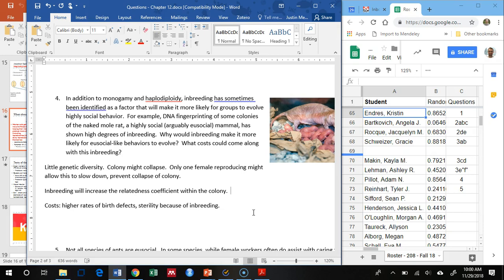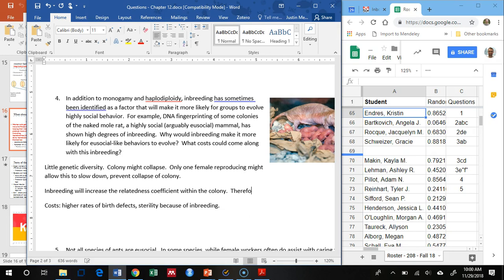By helping your sibling or helping to produce more siblings, either way, you are sending more and more of your own alleles into the next generation through that relative. So the higher the relatedness coefficient, the better payoff to social behavior you'll tend to have.